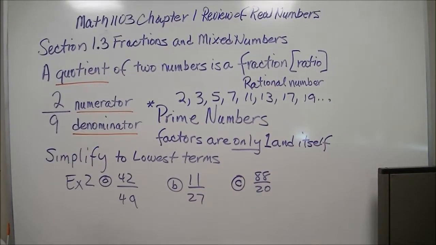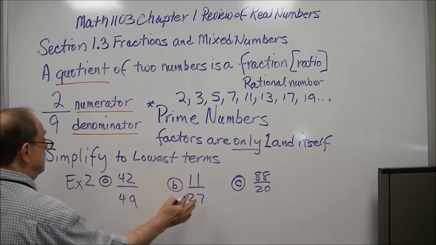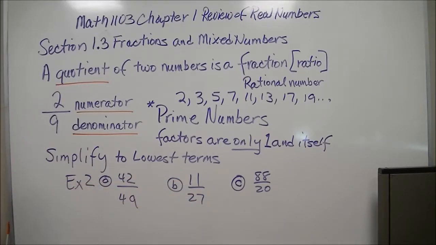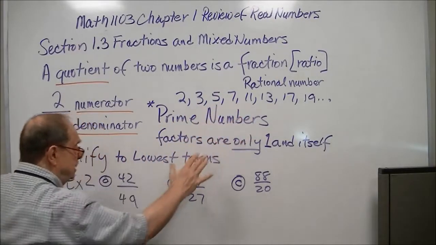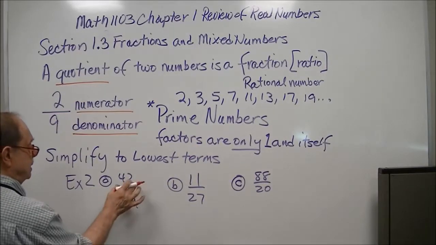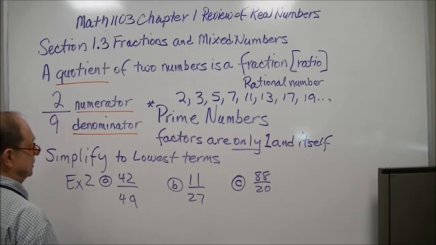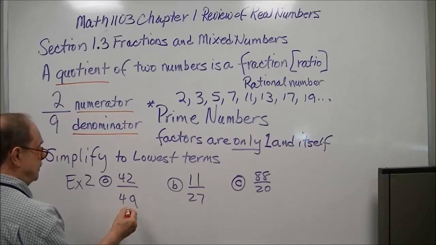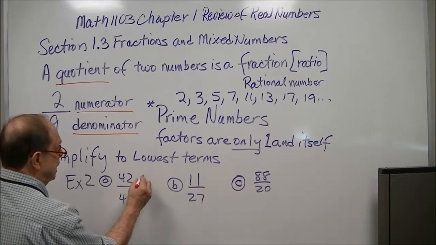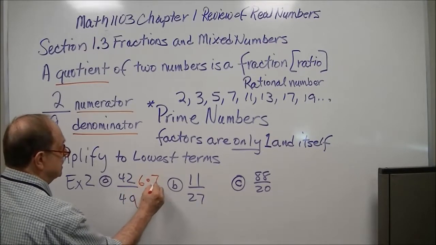Okay, we're going on to example 2, where they're asking us to simplify to lowest terms. And again, when you think of a number and you want to simplify, you're thinking prime numbers a little bit in the background, and you're saying, well, what are the factors of 42? Well, when I see 42, I think 6 times 7.